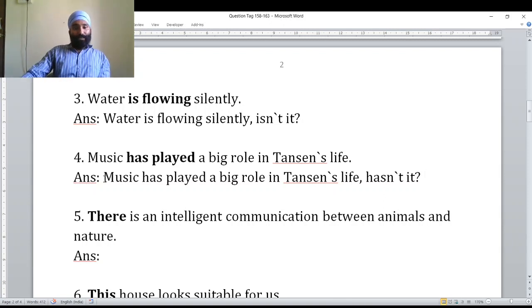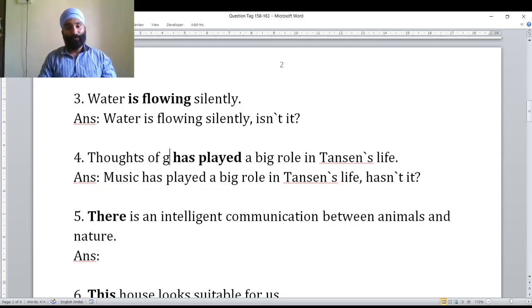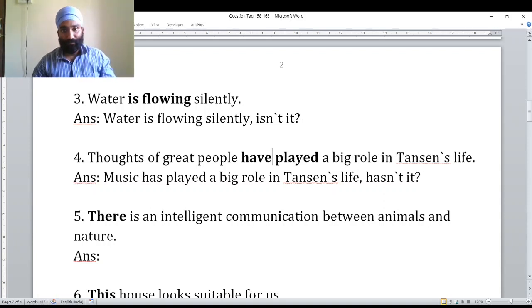If the subject is plural, suppose thoughts of great people, so thoughts is the subject in this sentence. Thoughts of great people have played a big role in Tansen's life.